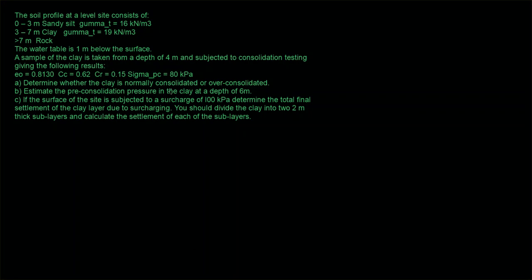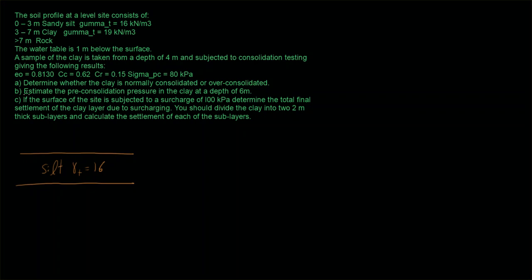So in this example number 3 of rate of consolidation, we have a soil profile that consists of 0 to 3 meters of sandy silt with a total unit weight of 16 kN/m³. The silt with a unit weight of 16.